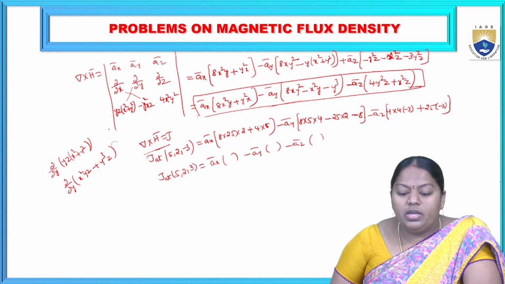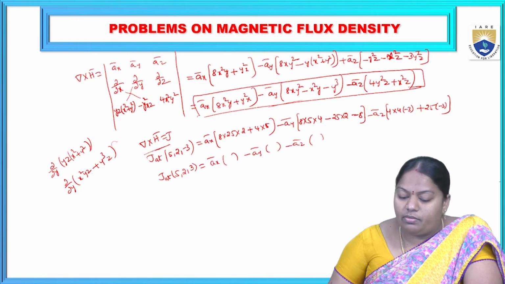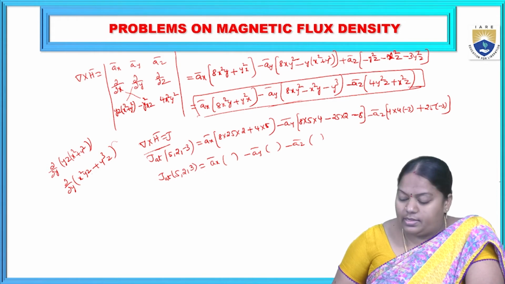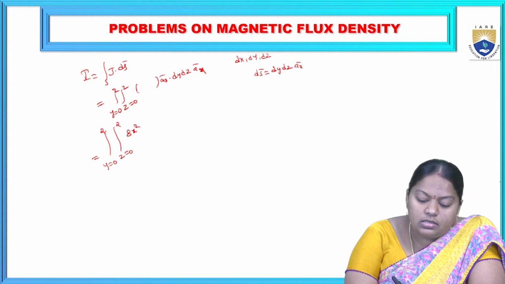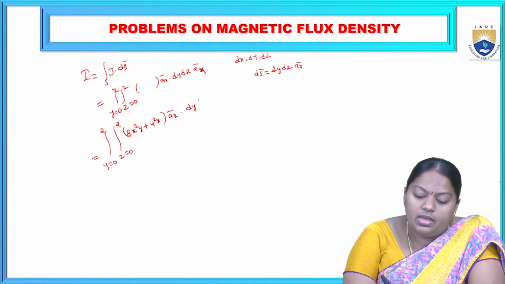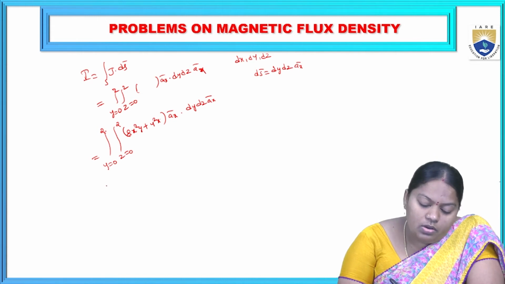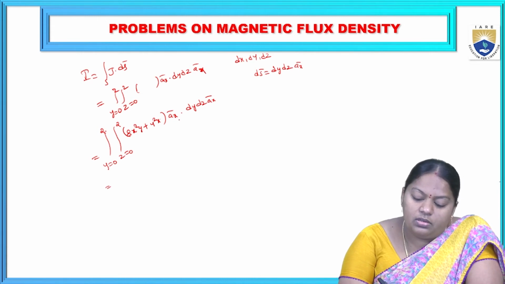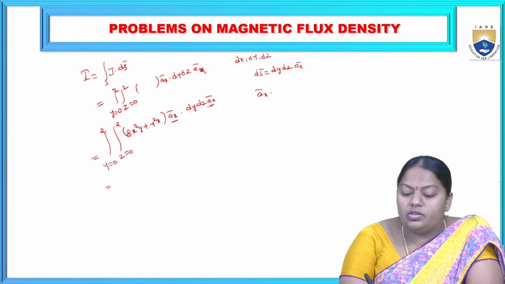Now the J value in terms of ax is ax into (8x squared y plus y squared x), dot dy dz into ax. So now on simplifying, after integrating, ax dot ax value is 1, which means the dot product of the same unit vectors is 1.